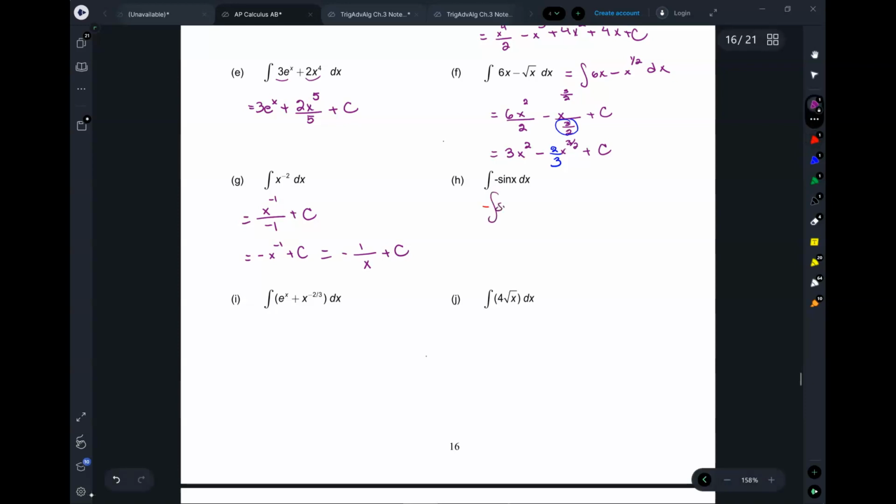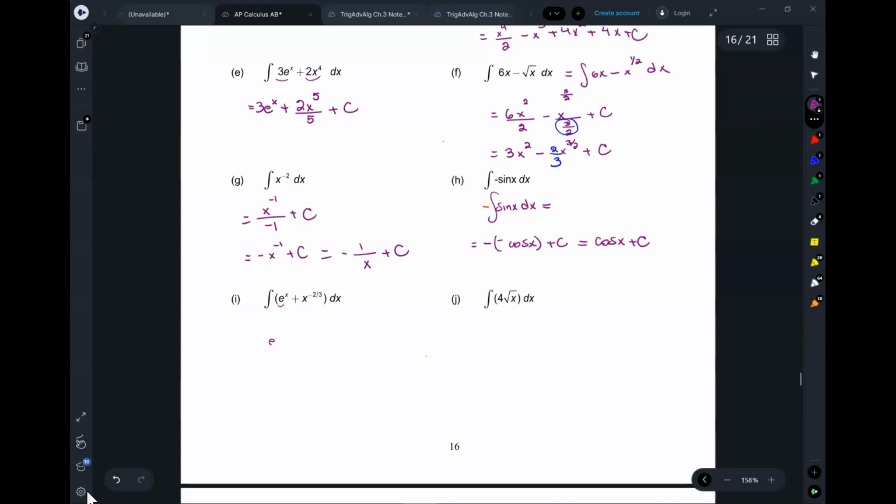So I have sine x dx. So this is equal to the negative, and then the antiderivative of sine x is negative cosine x plus c. So that will be cosine x plus c, right? And if you don't believe it, what's the derivative of cosine? Negative sine. You get the integrand back. Okay, next one.